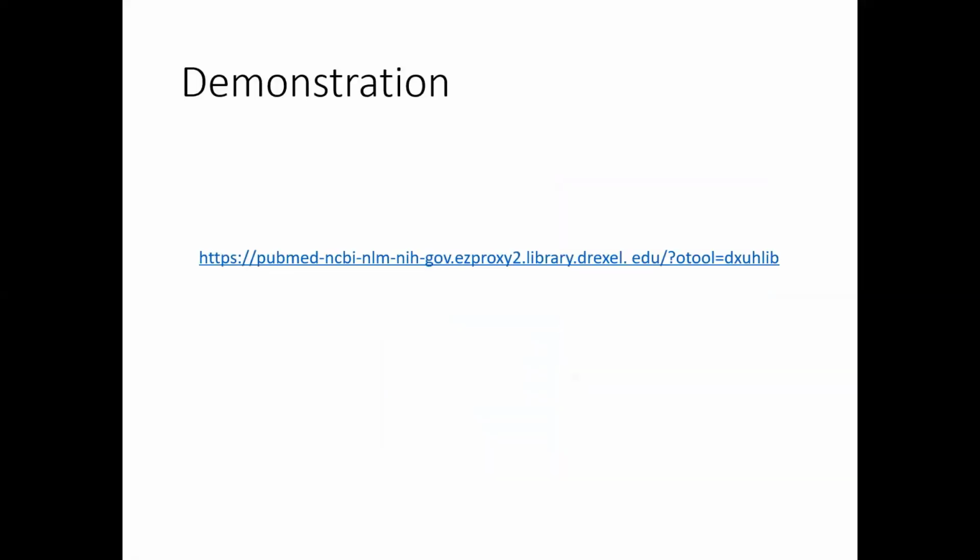So it wasn't really easy for me to show you the differences between what the old PubMed looked like on a device and your desktop. But going forward, I'm going to be able to demonstrate these changes live. So I'm going to click on this link, and hopefully my PC will cooperate, and I'll take you to PubMed.